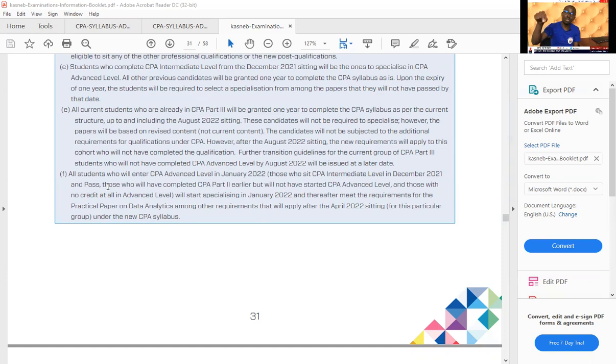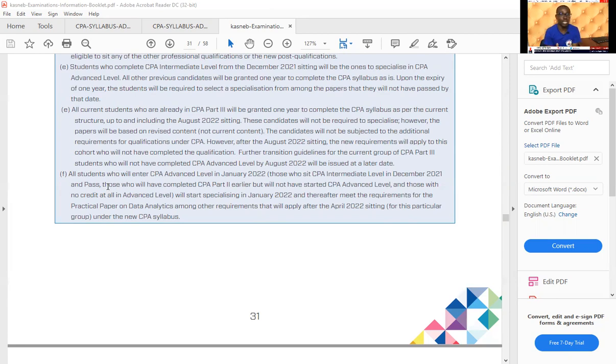So if you'll be joining in January 2022, you'll be subject to specialization. Those students who will clear the exams in December 2021, joining in January 2022, you will be subject to specialization.